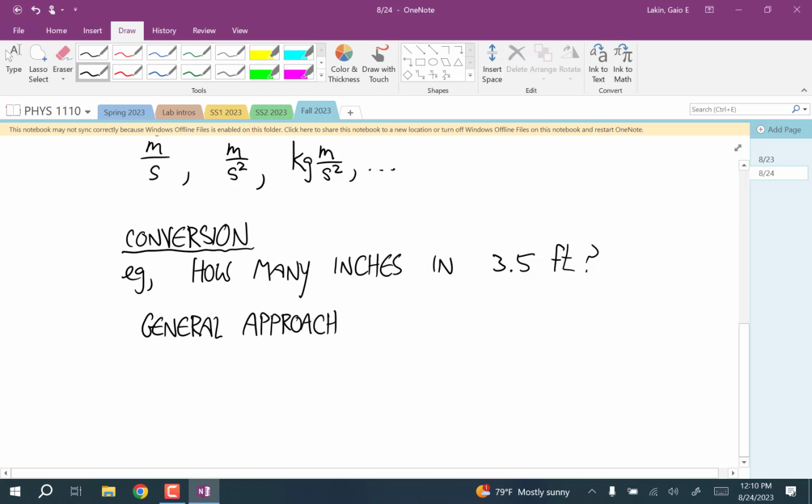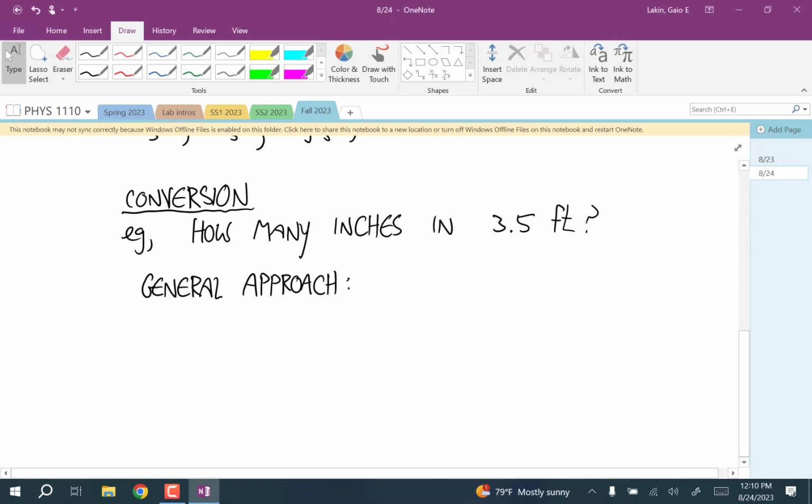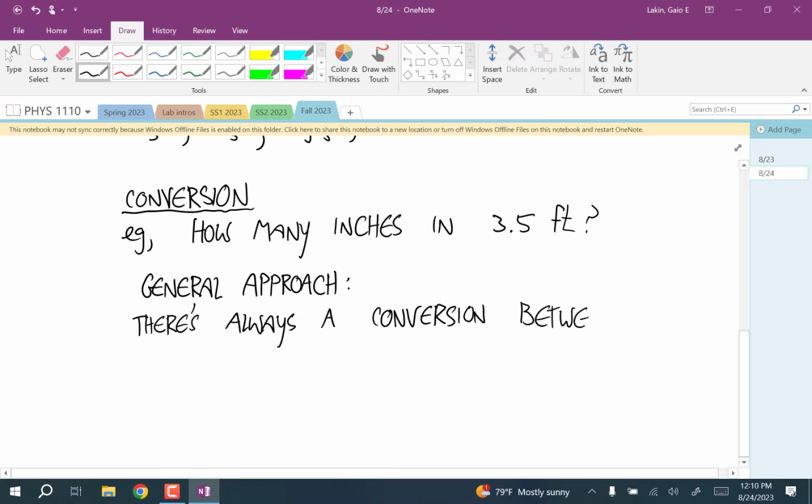So first of all, there's always a conversion between any two units of the same type.